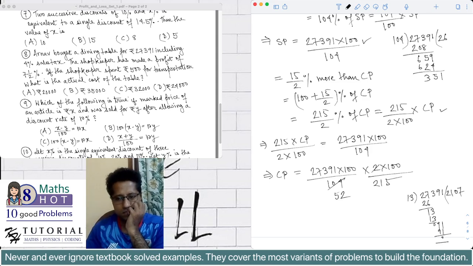So 13 divides 27391 with 2107. 13 divides 52 with 4.